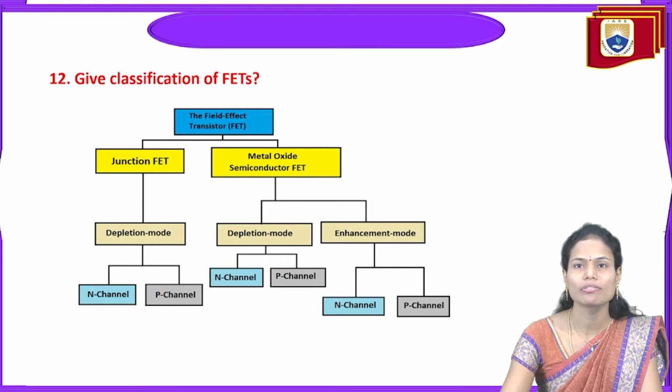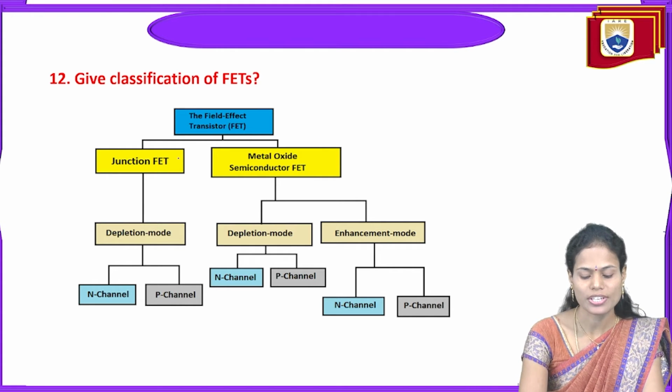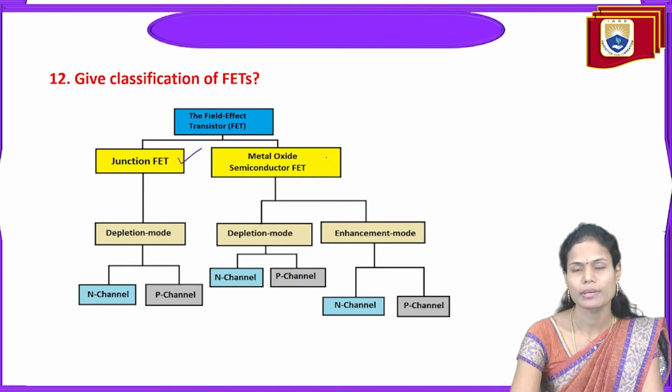And next, give classification of field effect transistors. So these field effect transistors are divided into two types here. That is junction field effect transistor and metal oxide semiconductor field effect transistor. What is the basic difference between junction field effect transistor and metal oxide semiconductor field effect transistor?